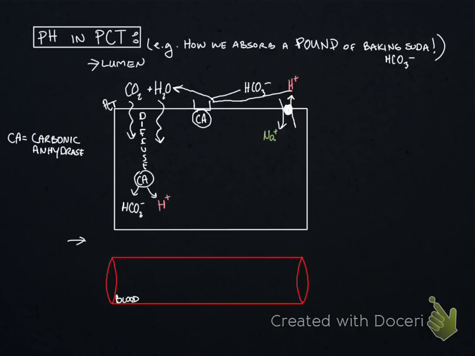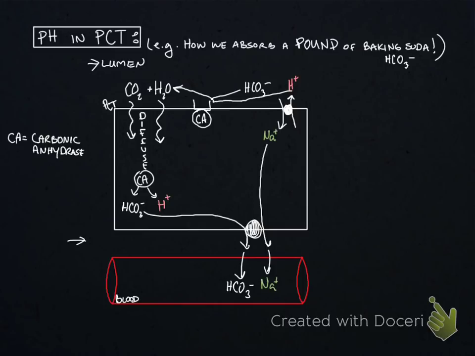Now, where was our end goal for bicarbonate? We wanted to reabsorb a pound of baking soda, right? All right, so we got to get our sodium and our bicarbonate into the blood. But we have these little co-transporters here that are going to co-transport bicarbonate and our sodium.